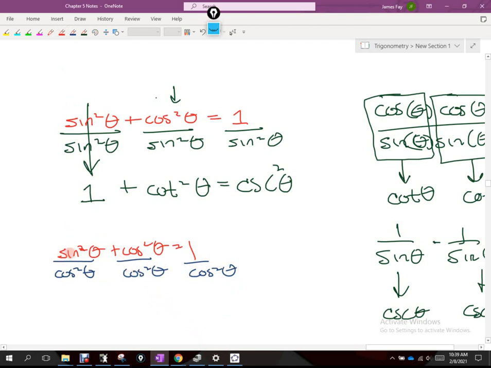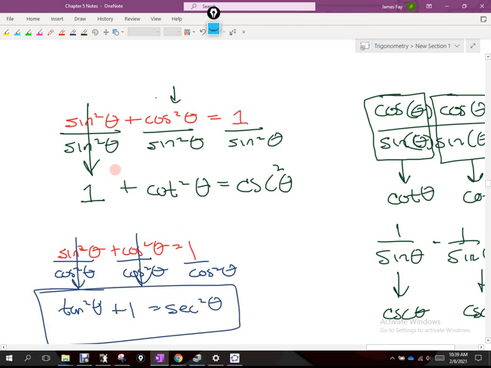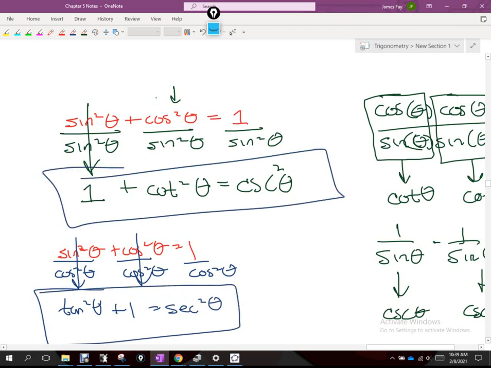What's sine divided by cosine? Tangent. So these are going to go down to tangent squared theta. What's something divided by itself? 1. And what is 1 divided by cosine? Secant. So it's going to be secant squared. And there's your other Pythagorean identity.